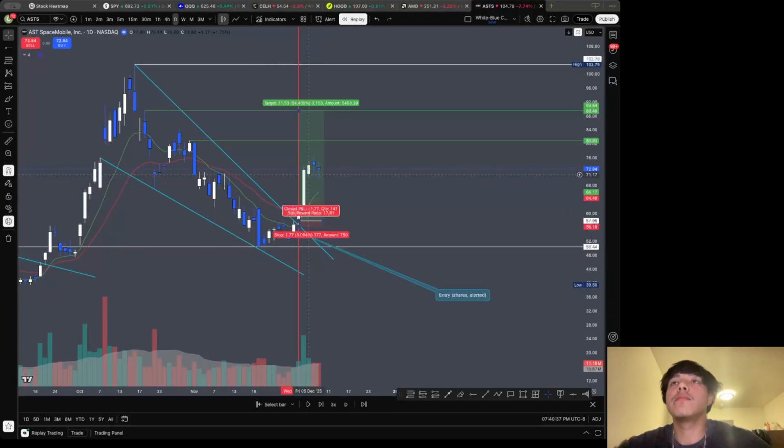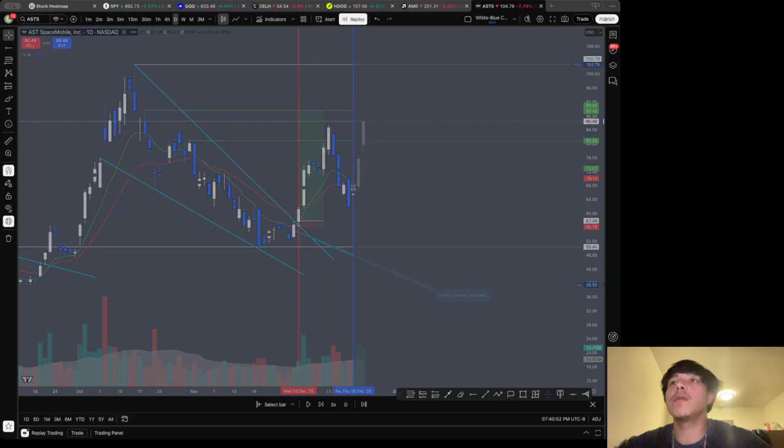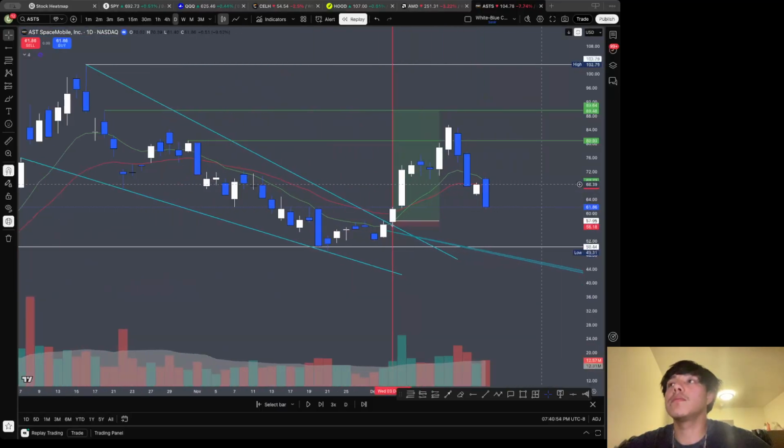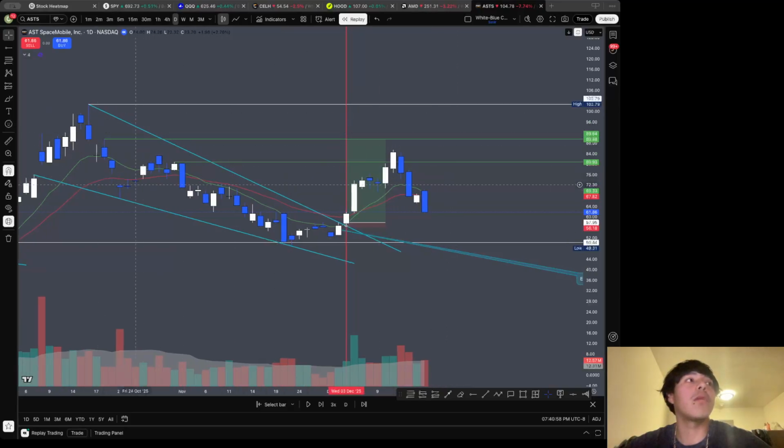We kind of slow down. We start consolidating. So all that means is we're setting up for another potential swing, right? So where's that? Like right here, we set up for another potential swing. I could go more into depth actually, because I feel like this is kind of really broad. But does that make sense?